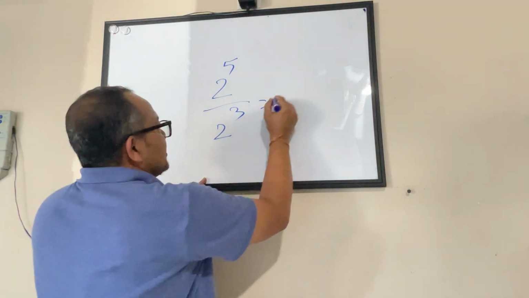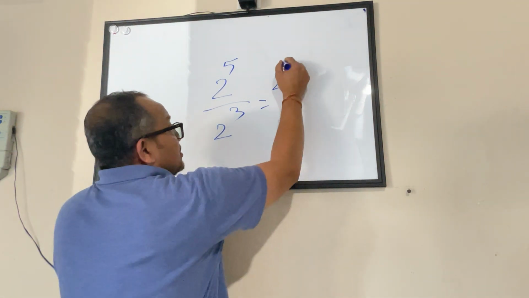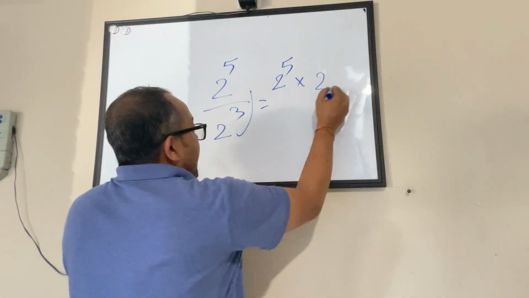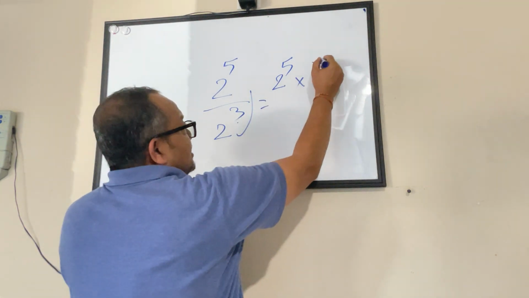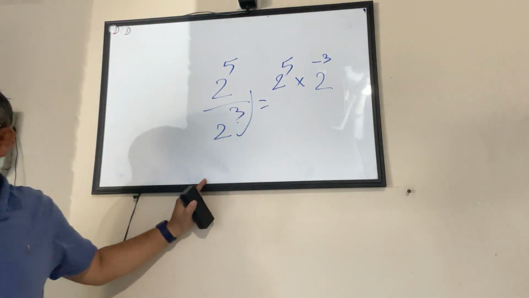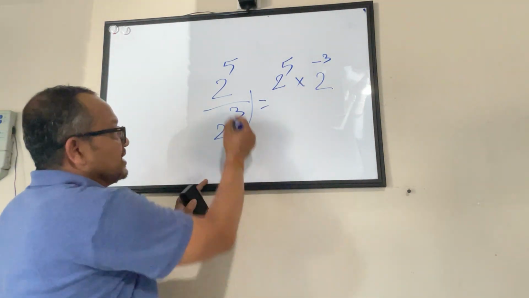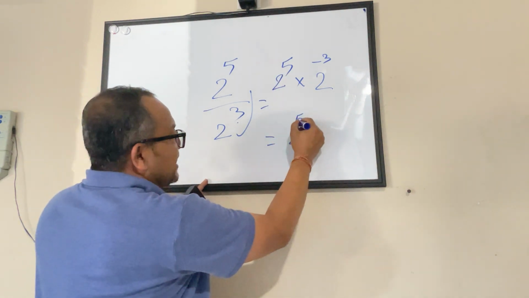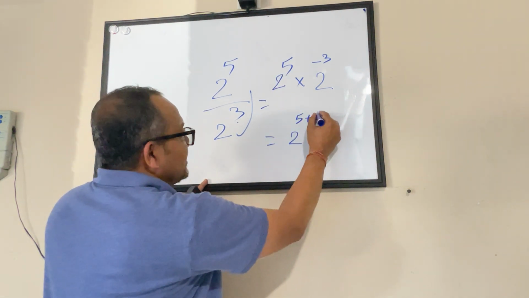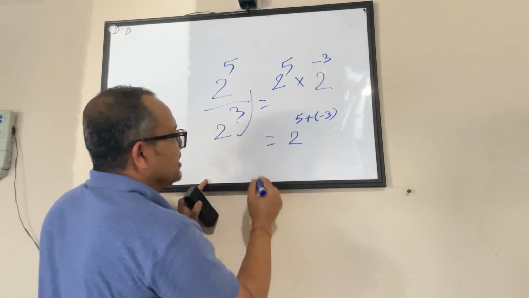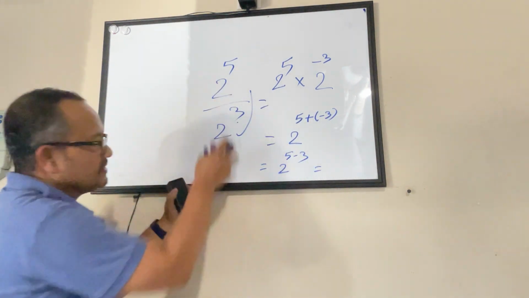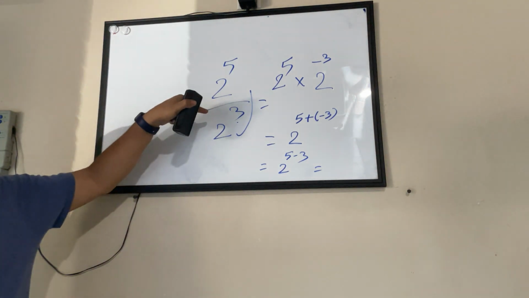Or you can say, fine, I learned something new: I'll move this guy up, and as soon as it goes up, it becomes minus 3. Now it's a multiplication, not a division, and when I do multiplication my power gets added. So 5 gets added with minus 3, and this becomes 2 to the power 5 minus 3. Same thing as what you would have done otherwise.